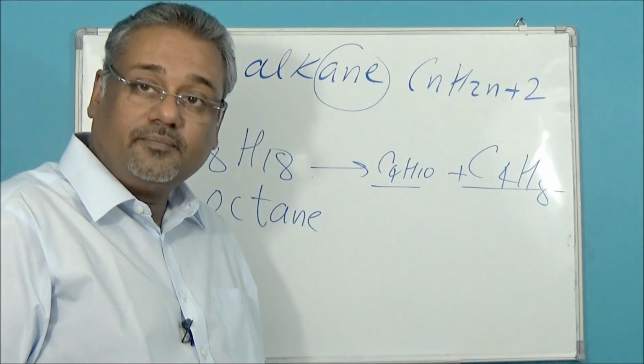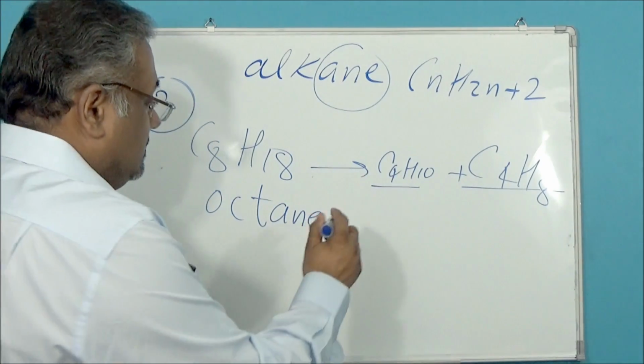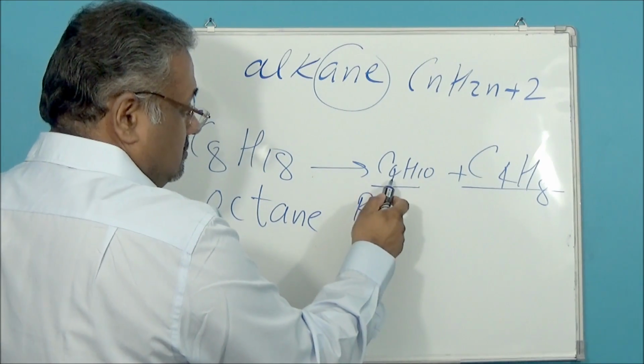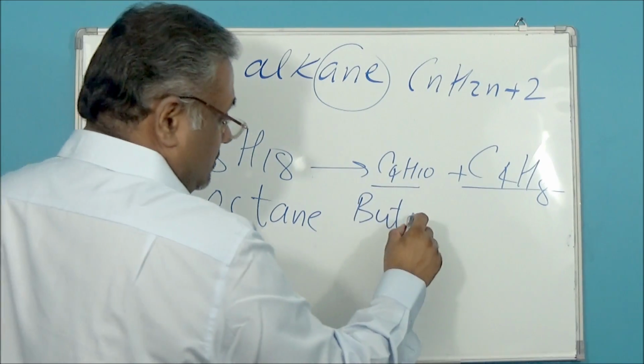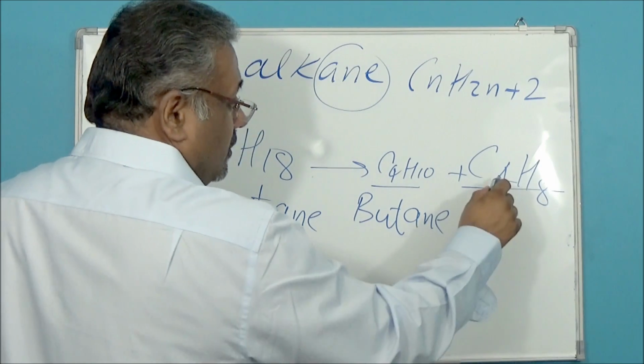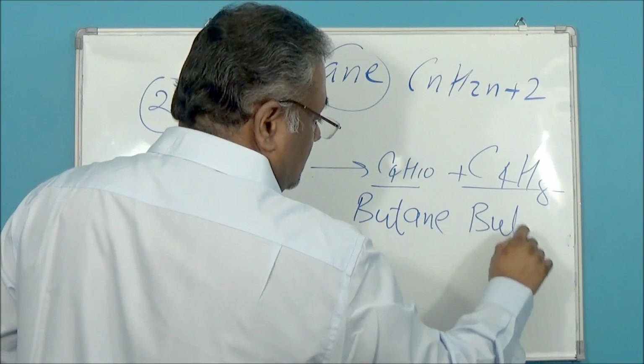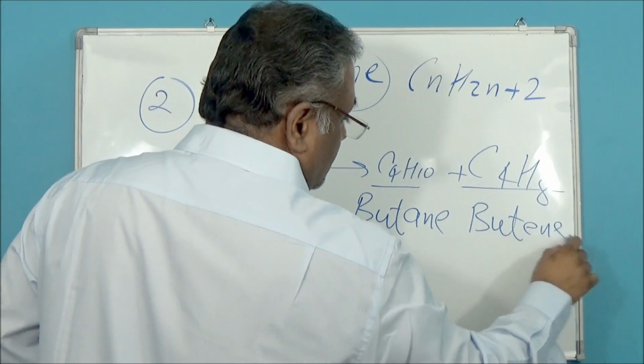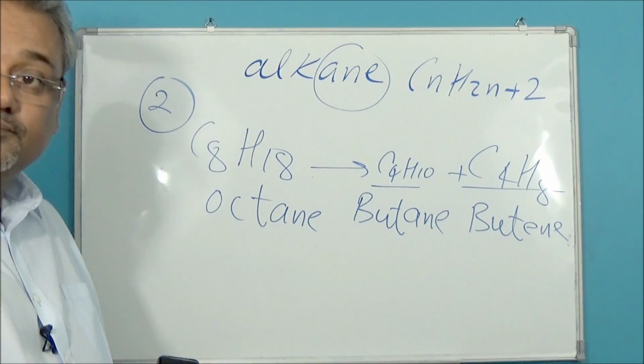Why don't you try to name them? 4 carbons is but, and because the hydrogens are more than double the carbons, it's ane, butane. For 4 carbons with 8 hydrogens, this is exactly double, so it's ene, butene.